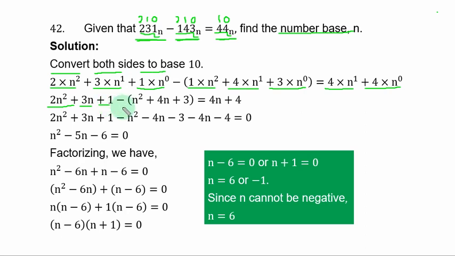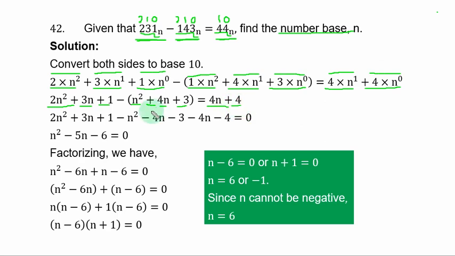We have minus, bracket open, 1 times n power 2, that is n squared, plus 4 times n power 1, you have 4n, plus 3 times n power 0, which means 3 times 1, that is plus 3. The right hand side, 4 times n power 1, you have 4n plus 4 times n power 0, which means 4 times 1, that is 4.